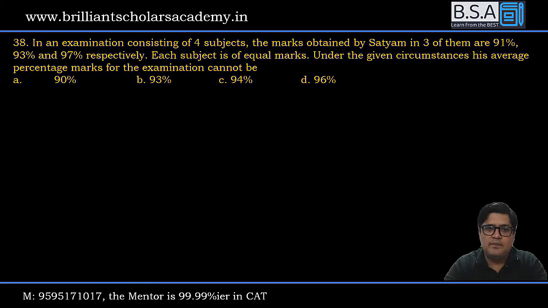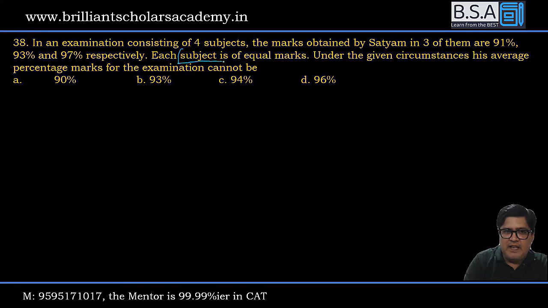Try this. In an examination consisting of 4 subjects, marks obtained by Satyam in 3 of them are 91, 93, 97 respectively. Each subject is of equal marks.